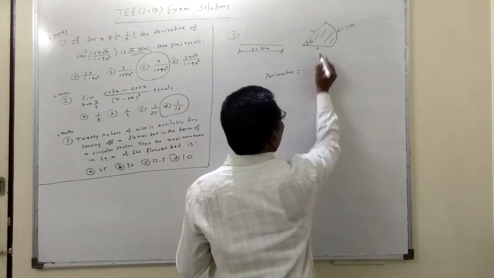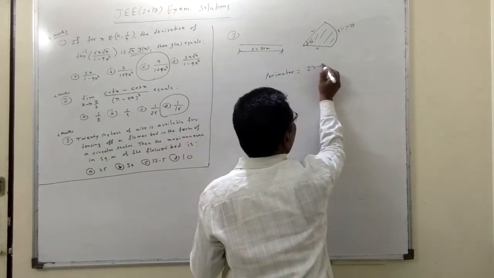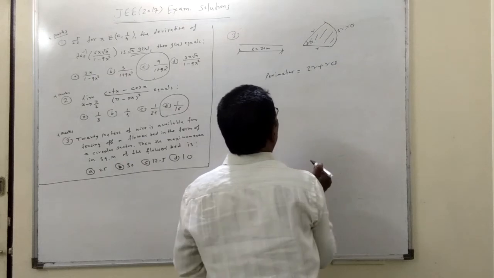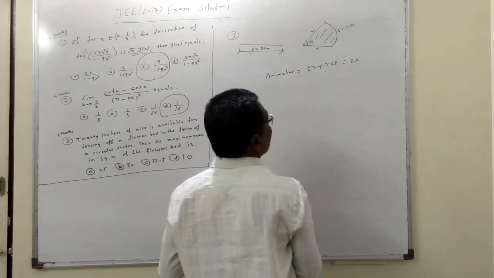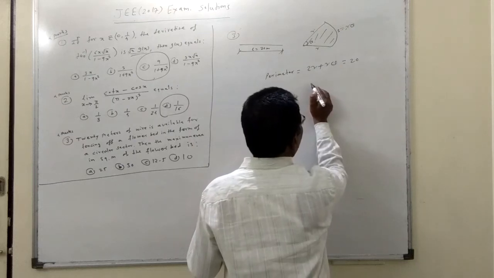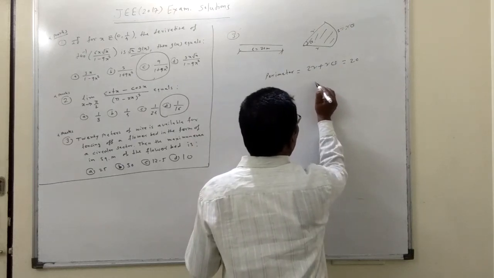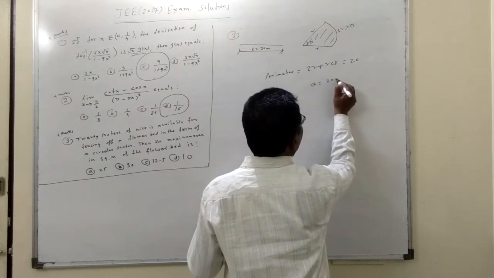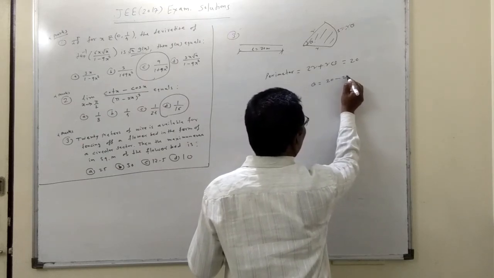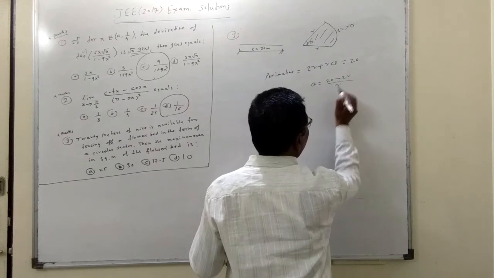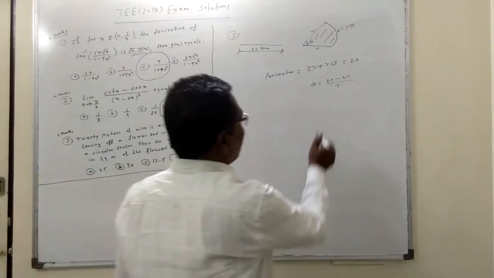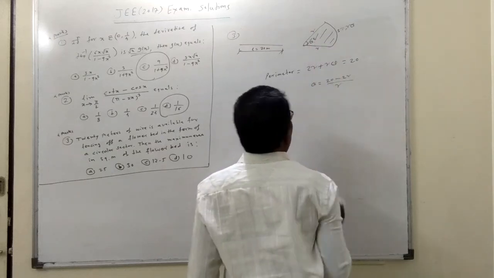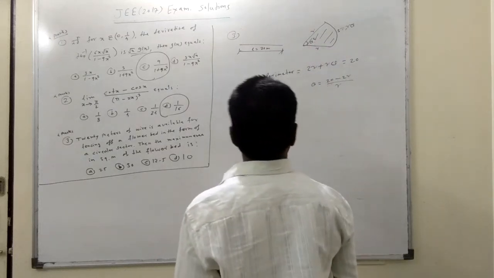Perimeter is equal to, now this R plus R, 2R, and plus R theta. Now this is equal to length 20. So from this we will find the theta value. So theta is equal to 20 minus 2r divided by r. So this is the relation between these two variables, theta and the radius.